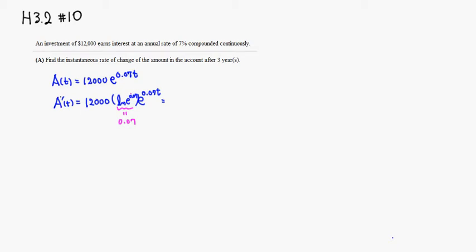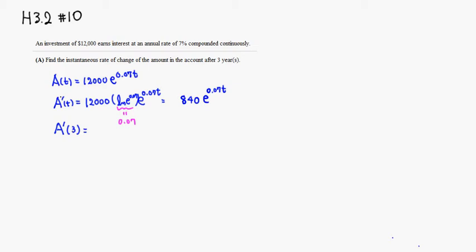So this is going to be, 7 times 12 is 84, and I'm going to take away the zeros, so it's 840 e to the 0.07t.